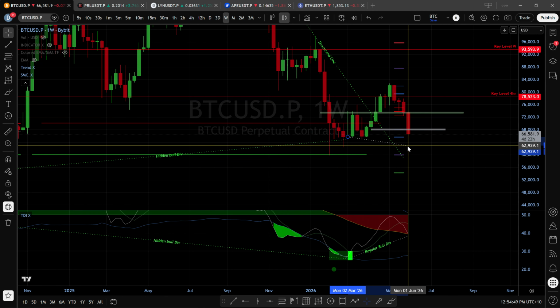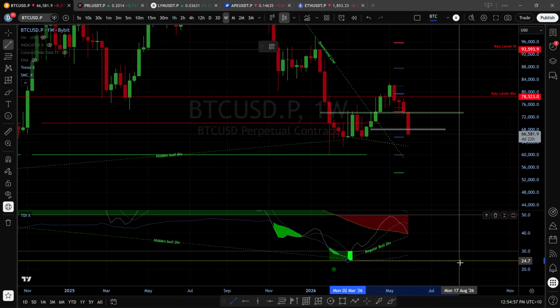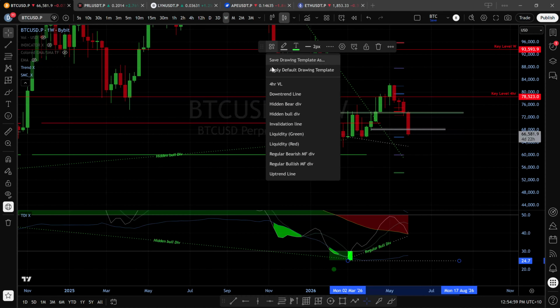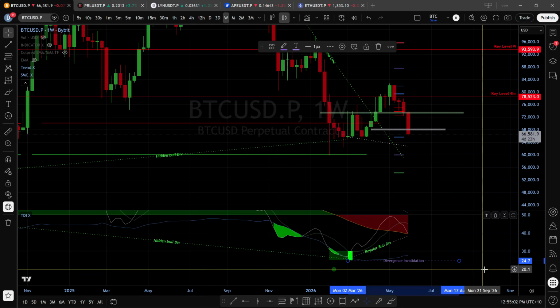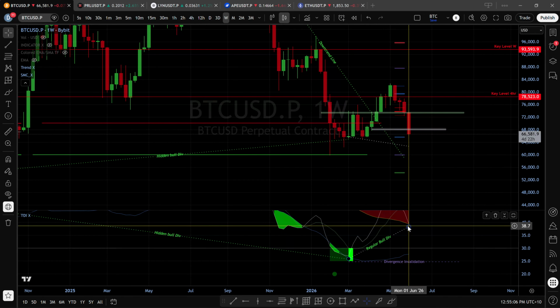That's what it's going to do, unless this RSI comes way down here. So you would need to break this line with the RSI. Because see, the RSI will be higher and the price will be lower, and that will be another bull div.